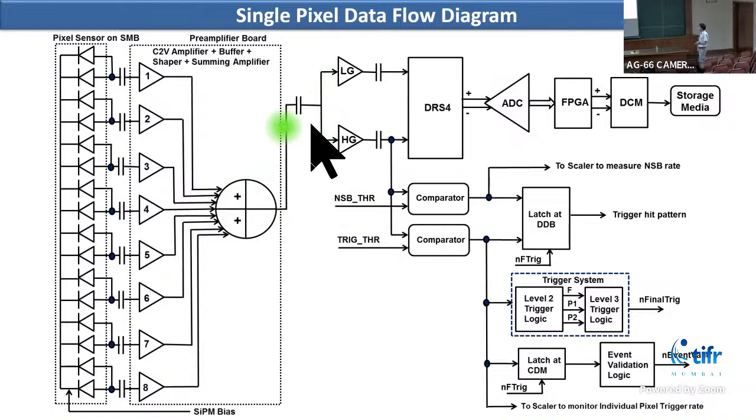This pixel signal again passes through 2 chains, low gain and high gain, to cover a wide dynamic range of 1500 photoelectrons, as well as maintaining a good signal to noise ratio at the single photoelectron level.